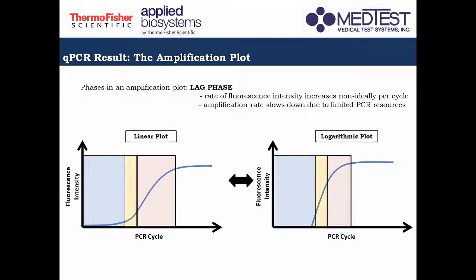So the lag phase is a phase wherein may nade-detect na fluorescence ang instrument natin, kaya lang it doesn't represent the ideal PCR run, no? So ibig sabihin, yung rate ng pag-increase ng number of DNA na synthesize sa ating process is not times 2. So it's not ideal anymore.